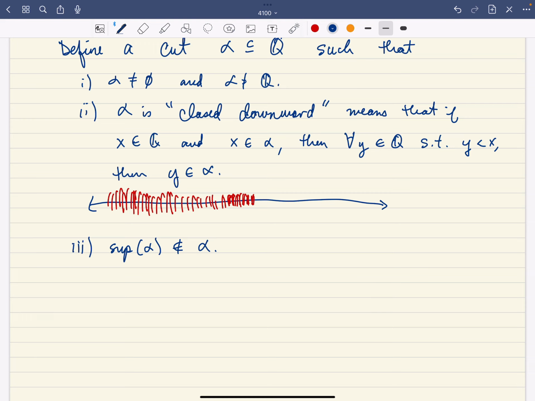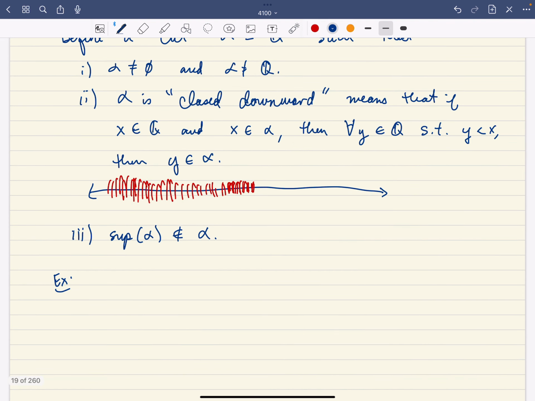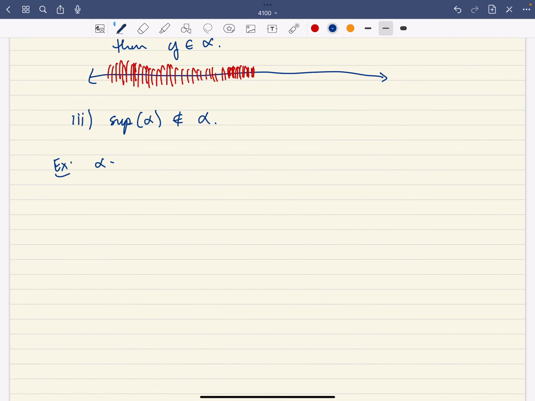Okay? And so, just again, by way of example, if I look at a few particular sets, let's talk about whether or not they're cuts. So if I talk about alpha being the set of rational numbers such that x is less than or equal to 2.